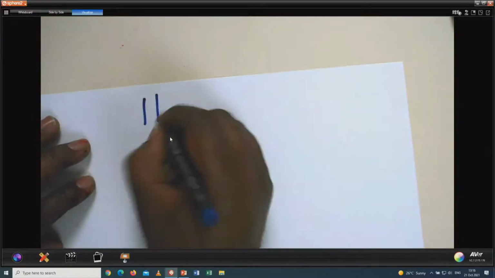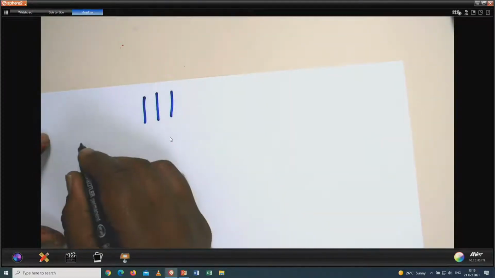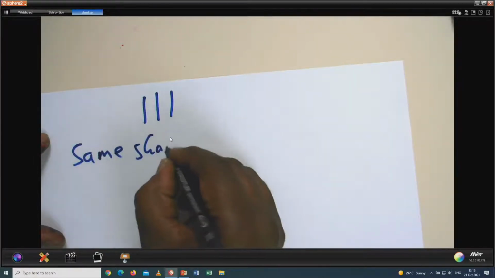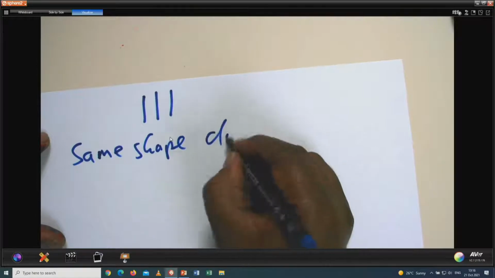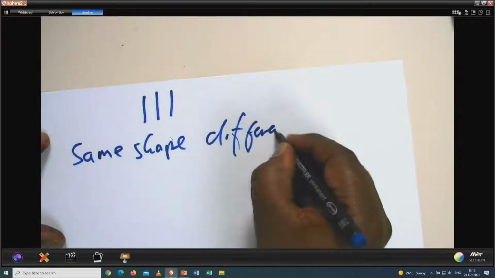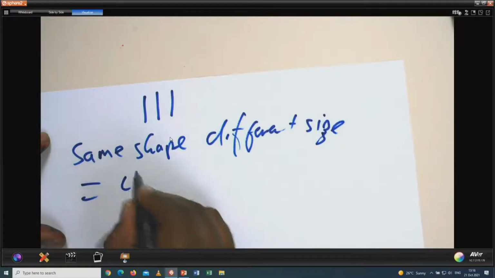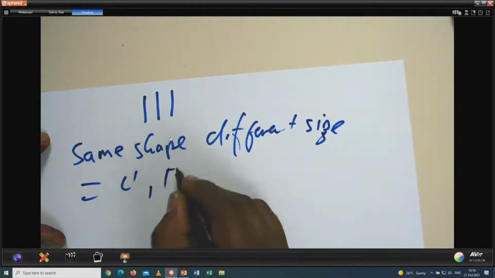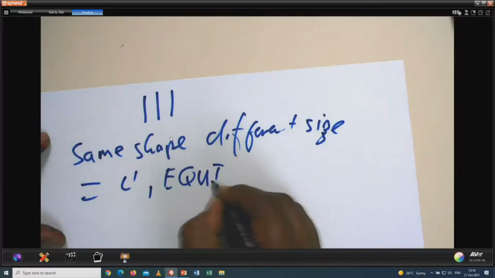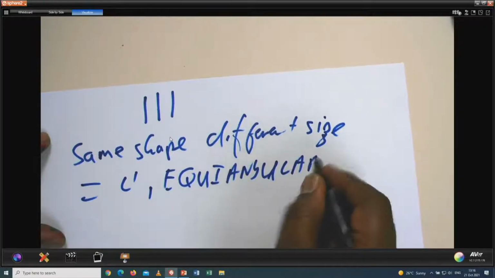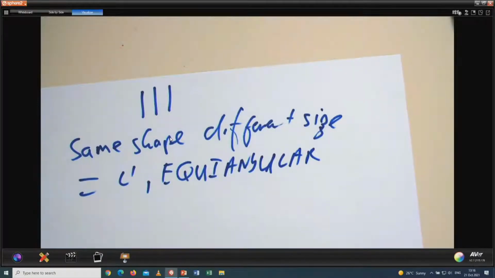Similarity: same shape, different size, equal angles, or equiangular. That's very, very important.